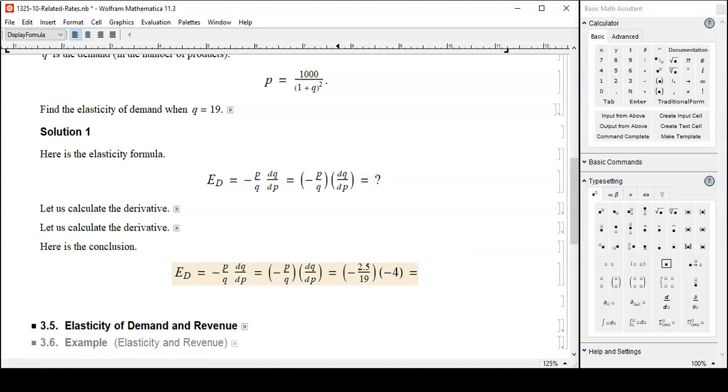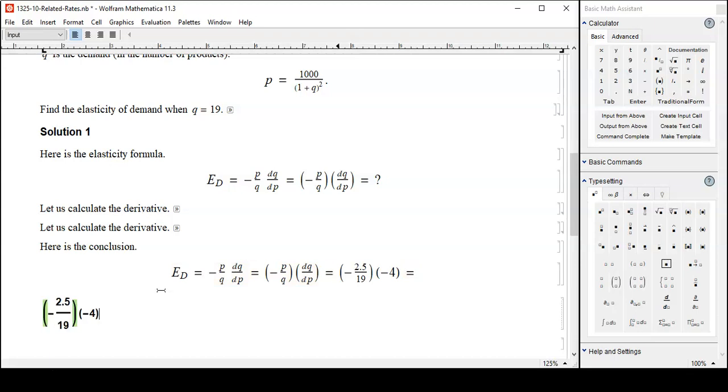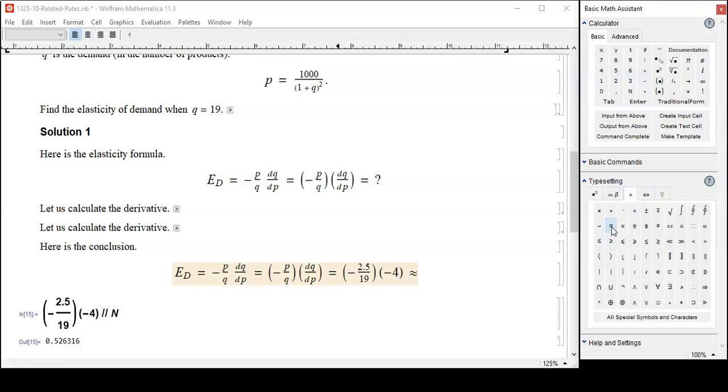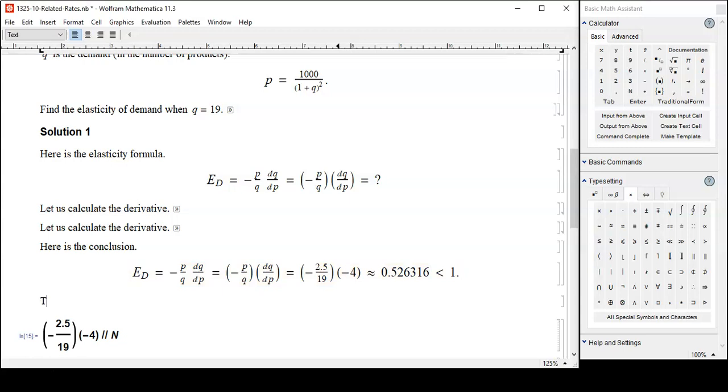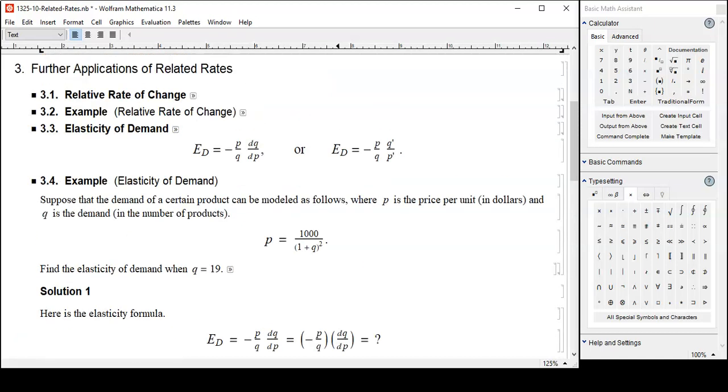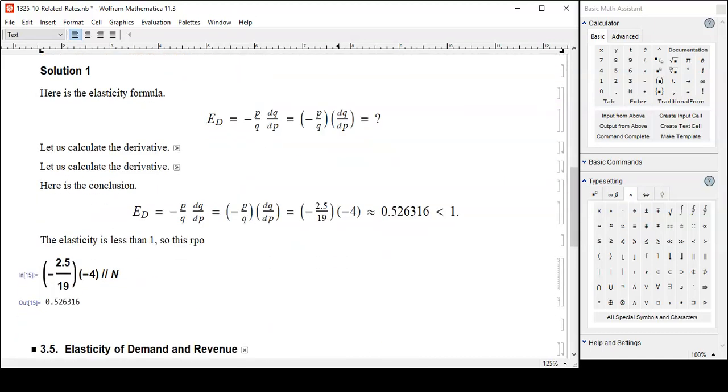Okay, and this computation is 0.52 something. So this product is inelastic.